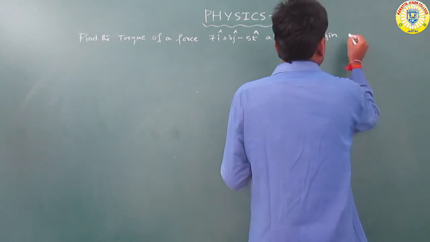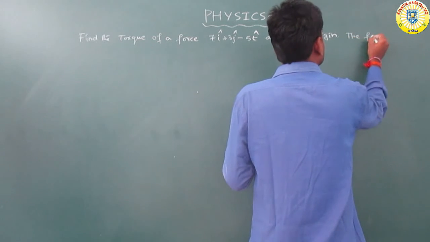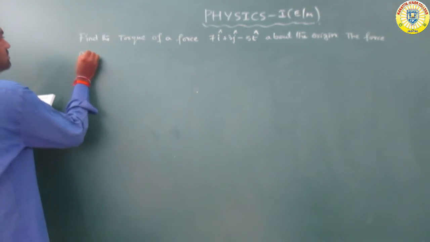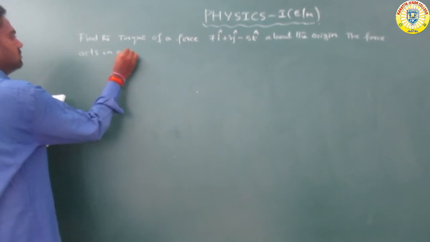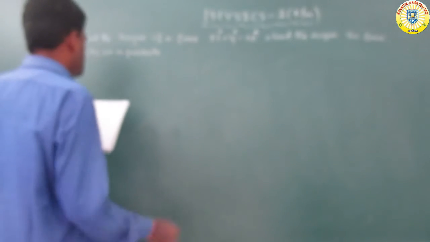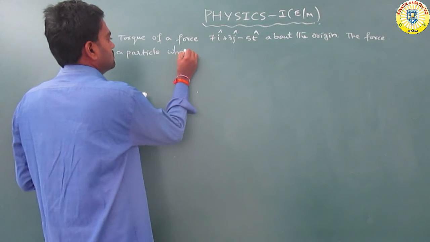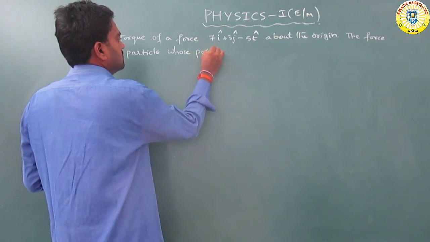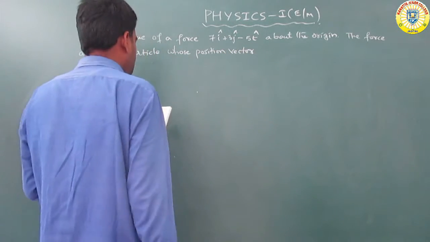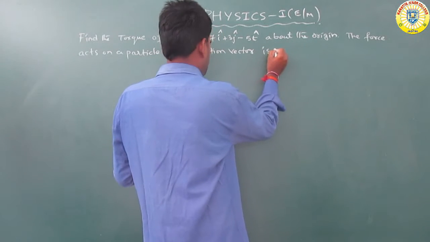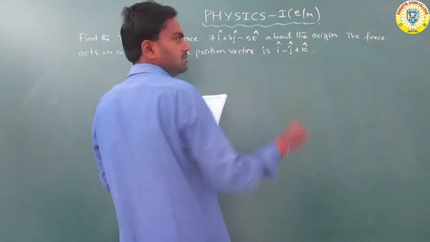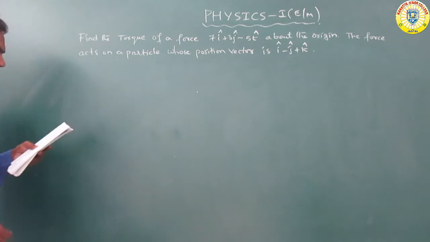The force acts on a particle whose position vector is i minus j plus k.